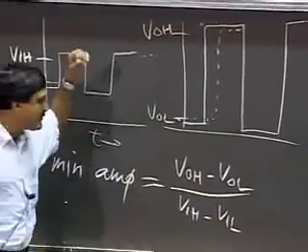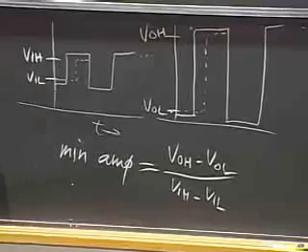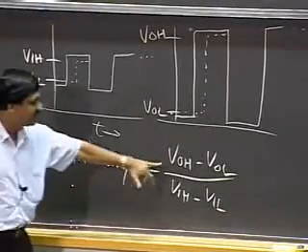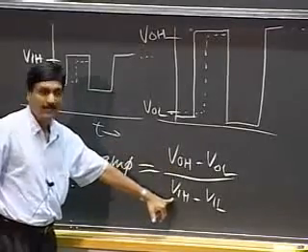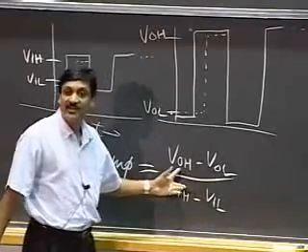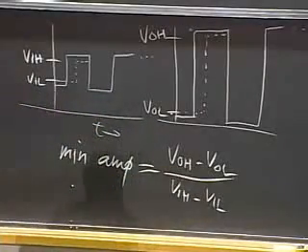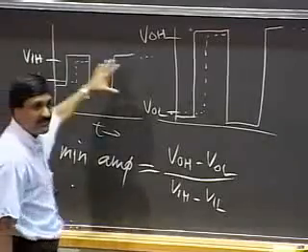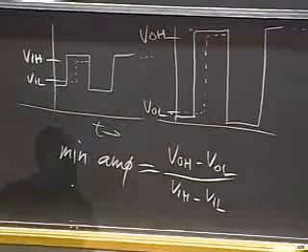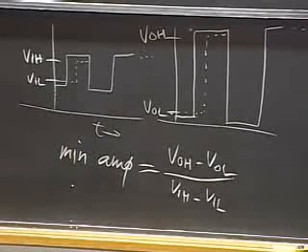So this is the absolute minimum amplification that my digital circuit has to provide. And notice VOH is larger than VIH, VOL is smaller than VIL. Therefore, this quantity needs to be greater than 1. So I've shown you both a simple graphical, intuitive explanation, and a slightly more formal proof that even the digital circuit really requires amplification built into it if it is to satisfy valid static disciplines.